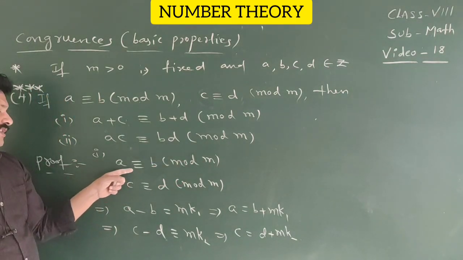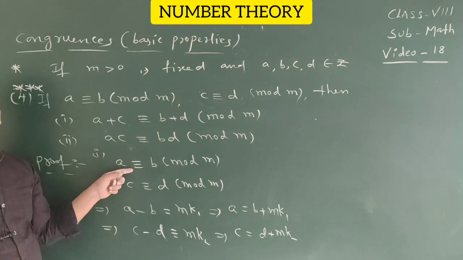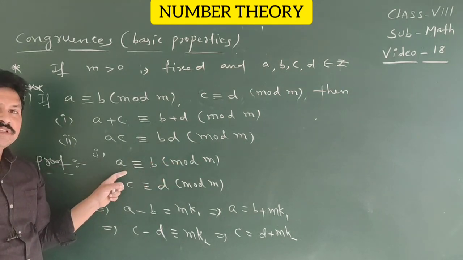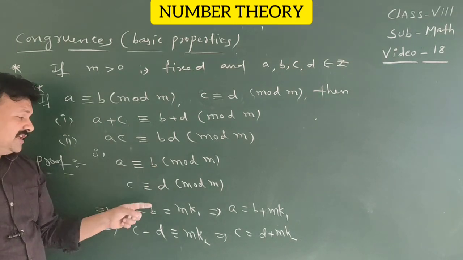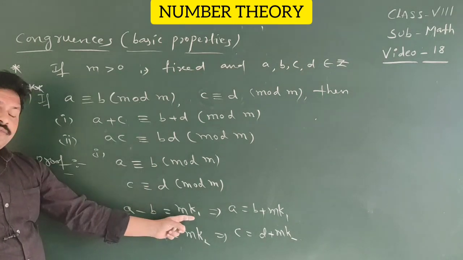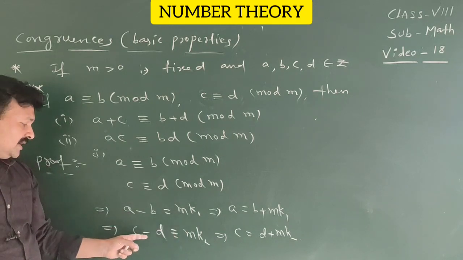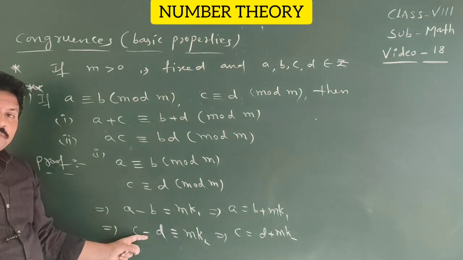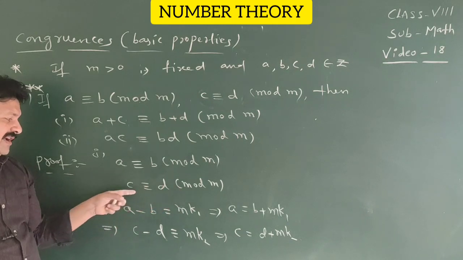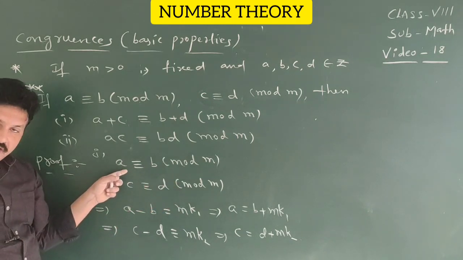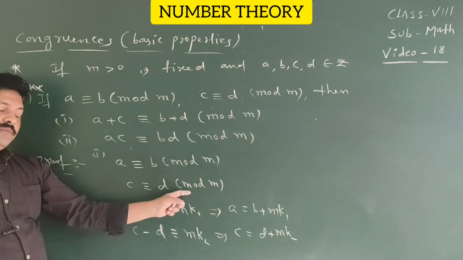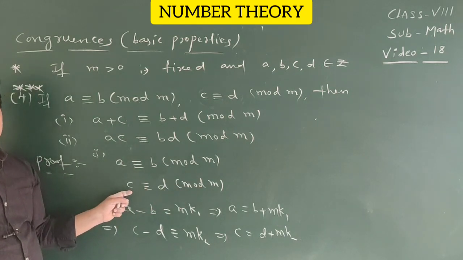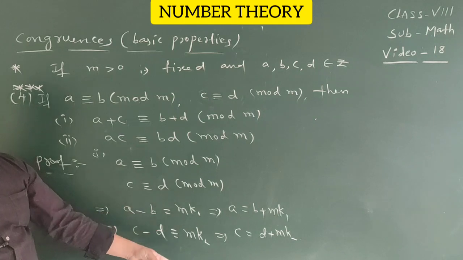M divides A minus B means M is a factor of A minus B. Factor means A minus B equals a multiple of M. Here C minus D equals a multiple of M because M divides C minus D. Here M divides A minus B. I wrote that statement only, don't confuse here.